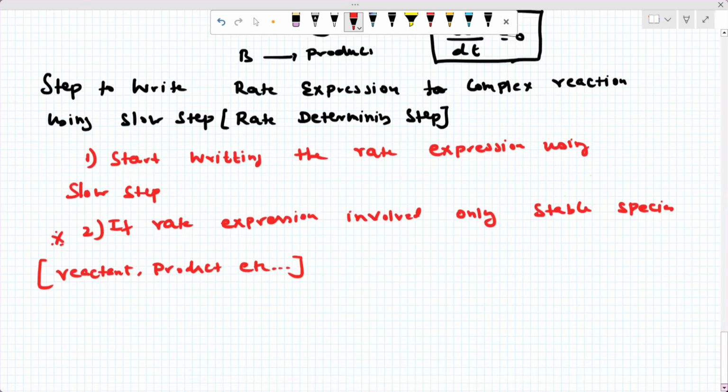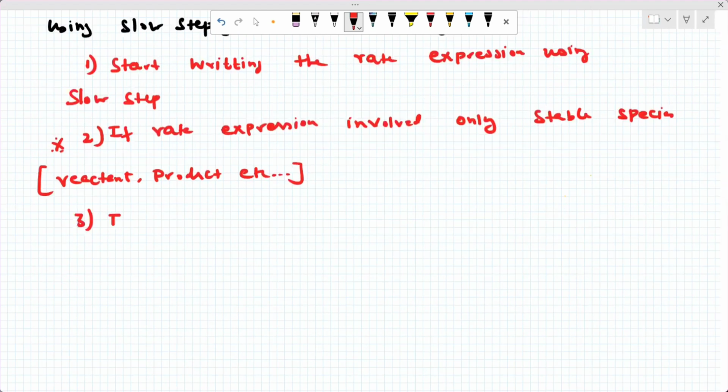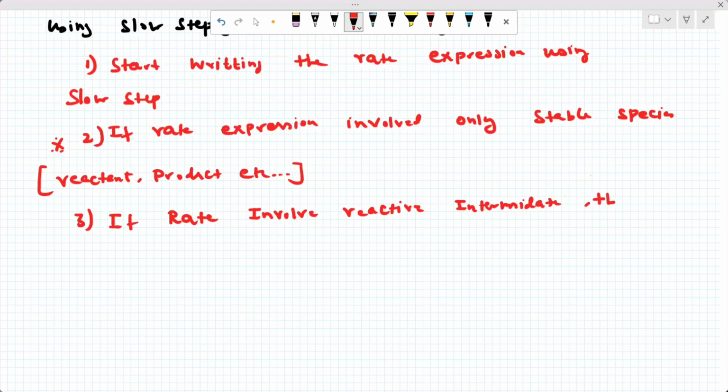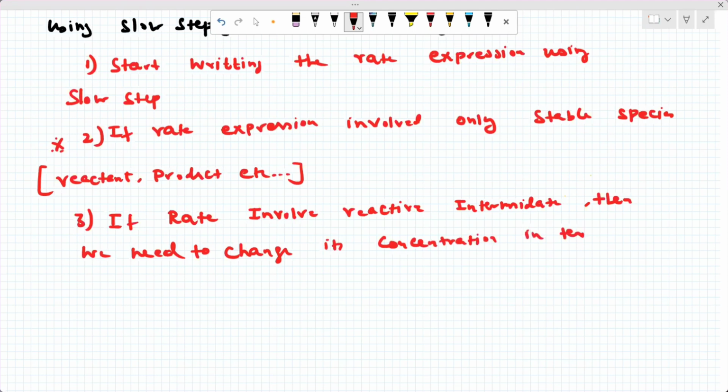Third step: if the rate involves a reactive intermediate, then we need to change its concentration in terms of stable species.